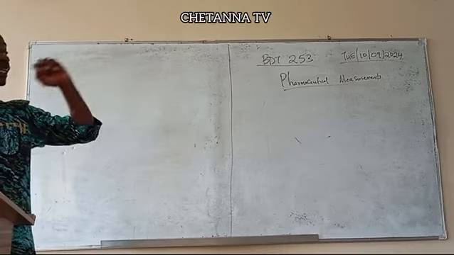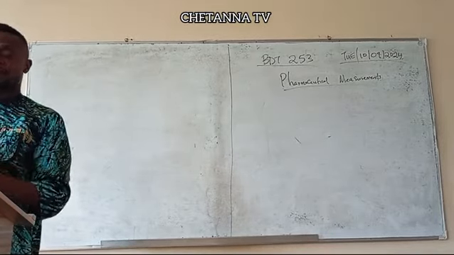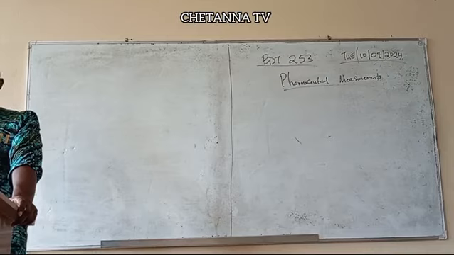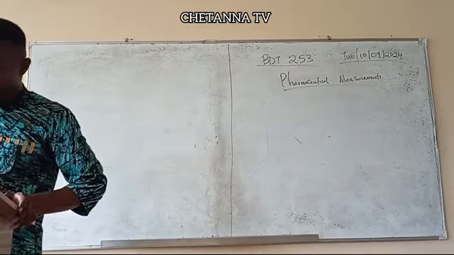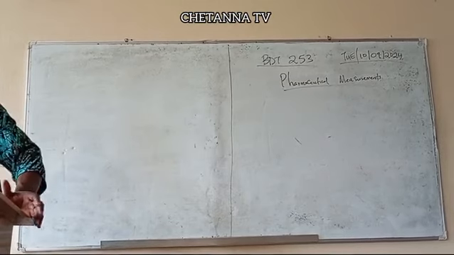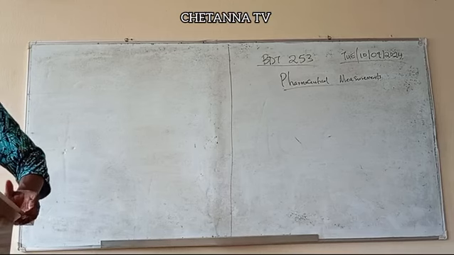We are discussing the topic pharmaceutical measurement. I can remember in our last class we discussed what measurement is. We defined measurements and quantities, the two categories of quantities, fundamental and derived.